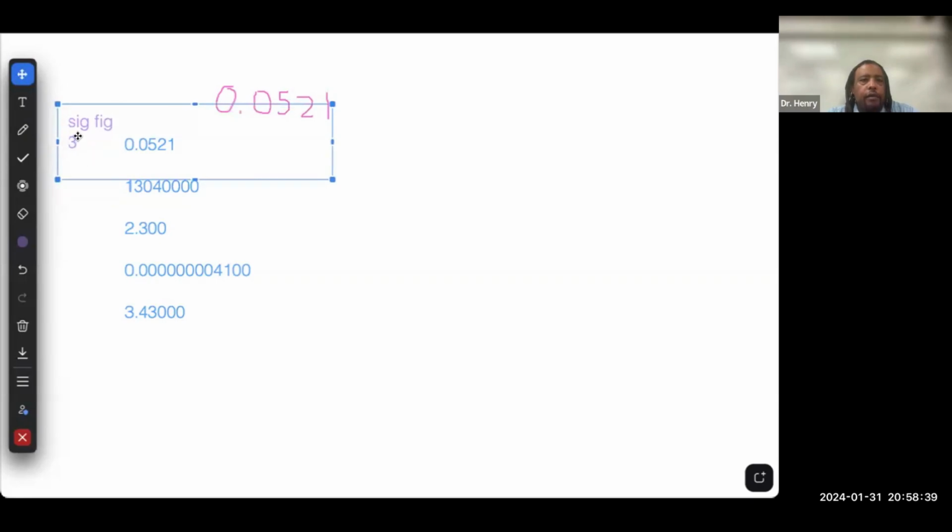Okay. And what about our next one? That's right, 4. Okay, now the next one. That's right. The next one would be 4. What do you guys think about the next one?